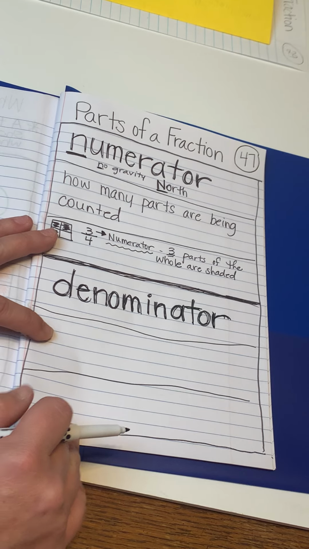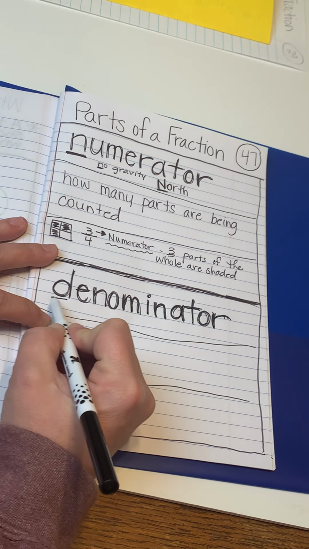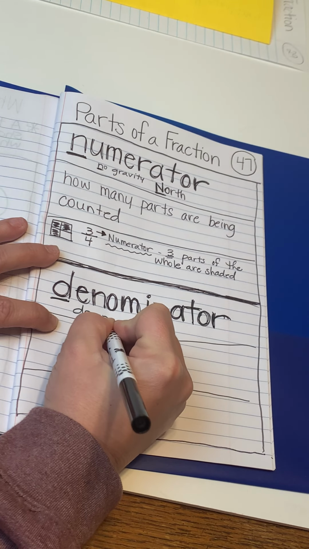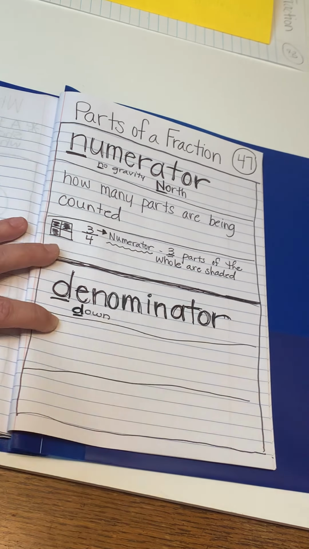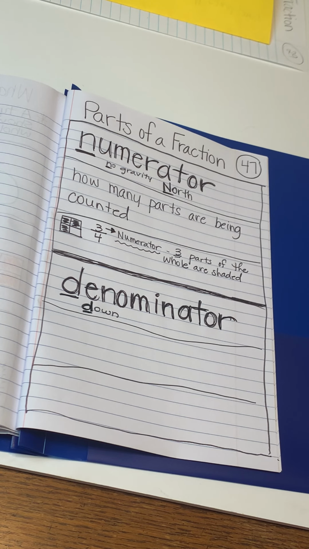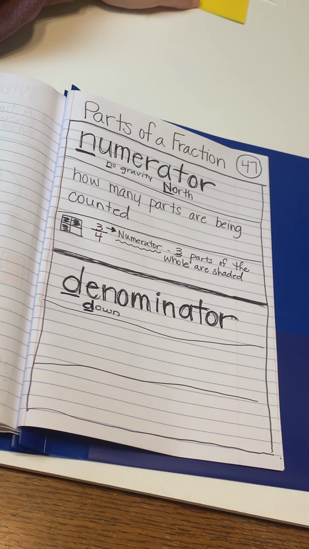And something to help you remember that the denominator is the bottom number. That D, I think of down. The denominator is down at the bottom. Okay.